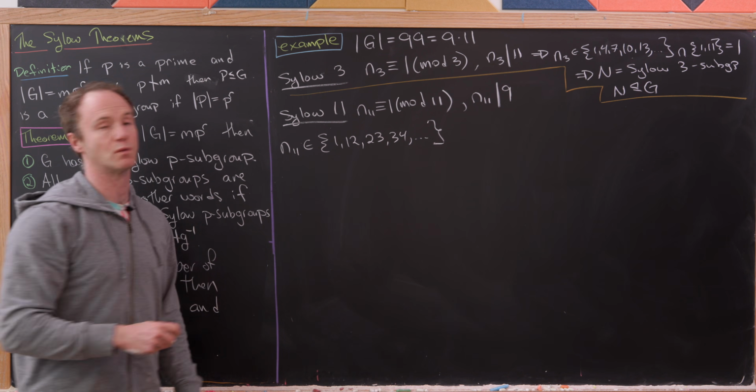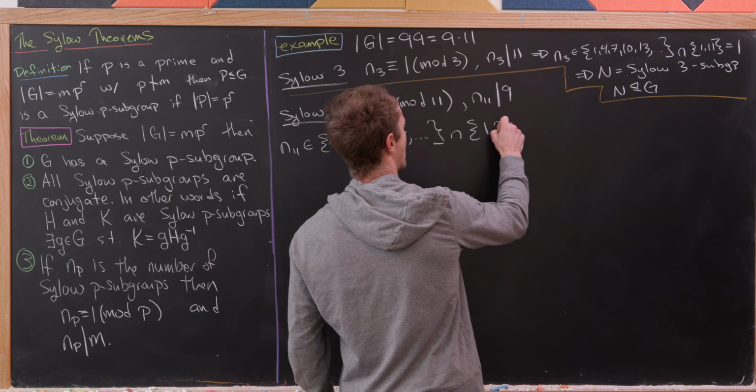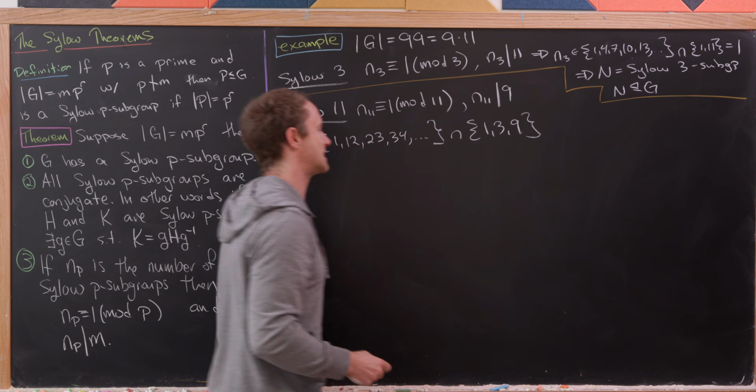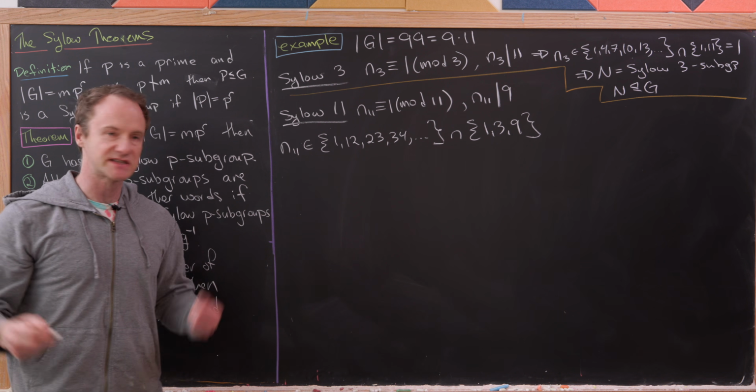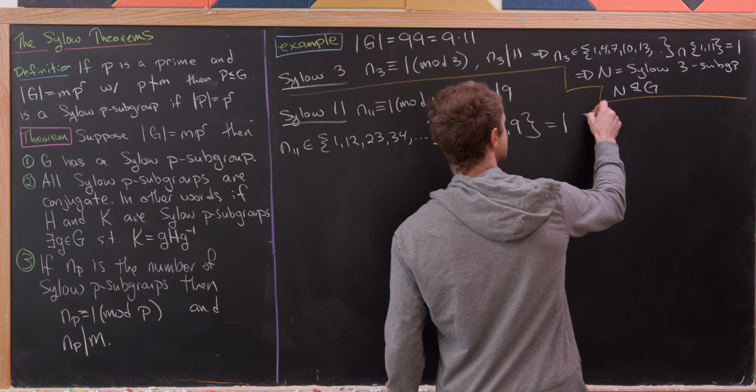That's the condition that it's 1 mod 11. But then it also has to come from the set 1, 3, or 9 because it has to divide 9. But there's only a single number from those two sets, and that is 1. So now what does that tell us?